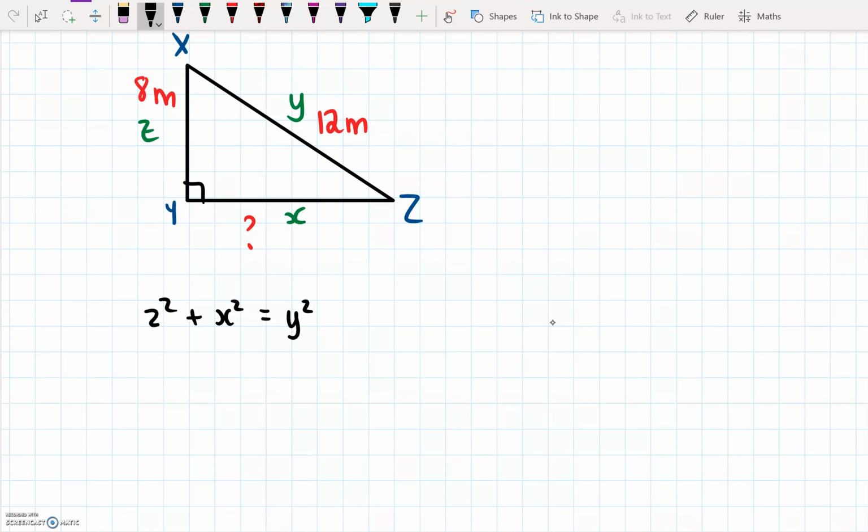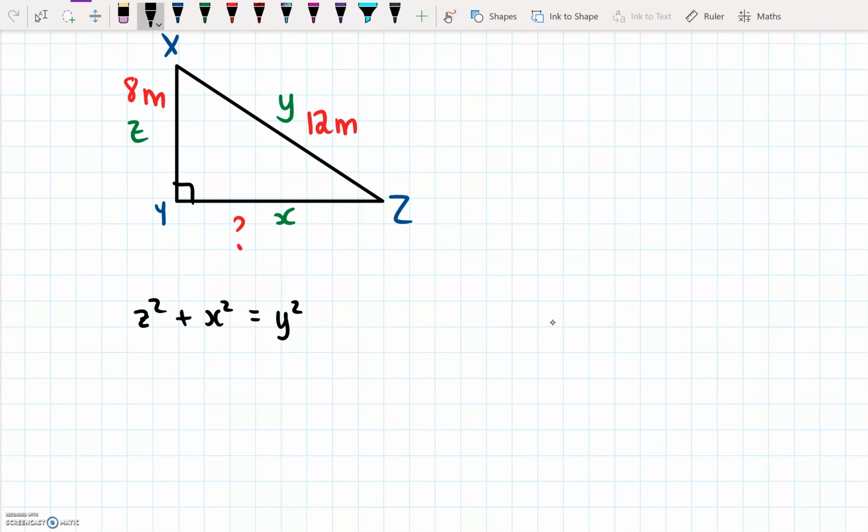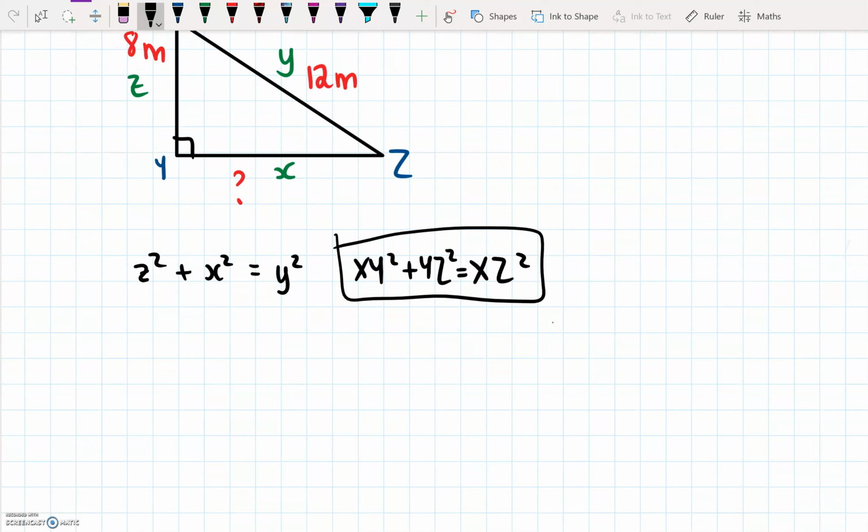Now, just in case you prefer a different notation, we could have also written this as xz squared is equal to xy squared plus yz squared. So you can also write it in this notation if you like, but it's not necessary.